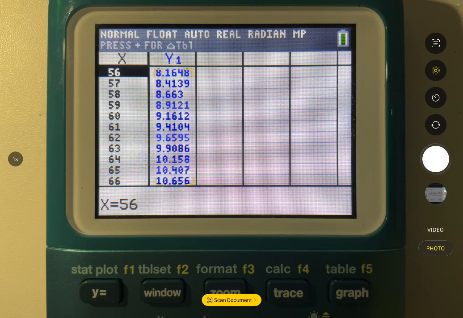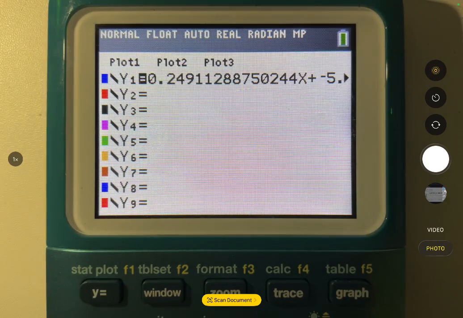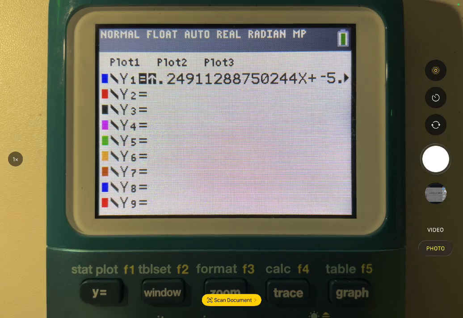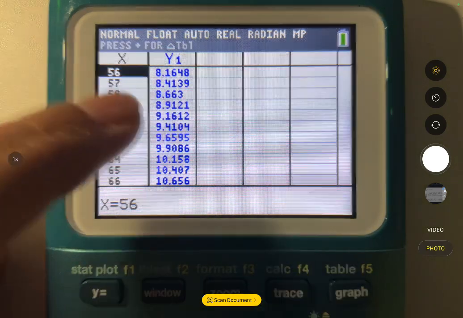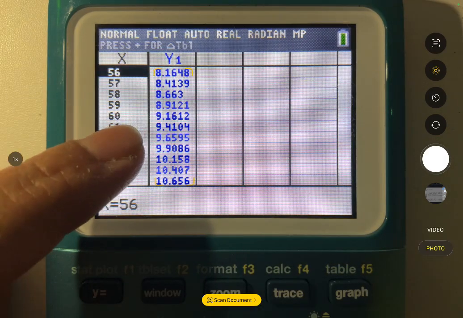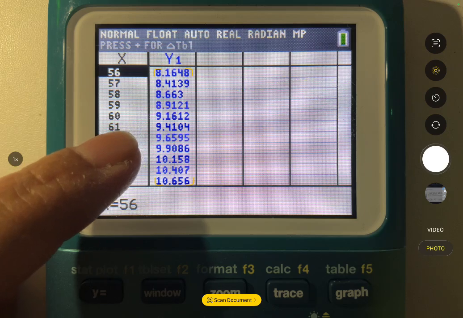Go to y equals. Does your screen look like mine? So hit second graph. Mine's in the 50s. Kyler's is in the thousands because of the assignment.